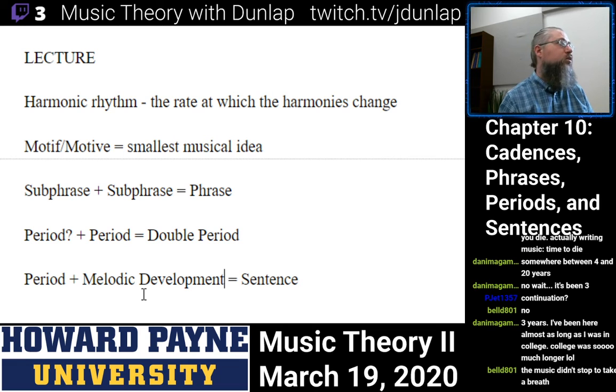But we cadenced. This is really, really borderline not a sentence, but it's close enough. But the problem is, if a sentence is supposed to be an antecedent consequent followed by melodic development followed by a cadence, then what's this rigmarole?